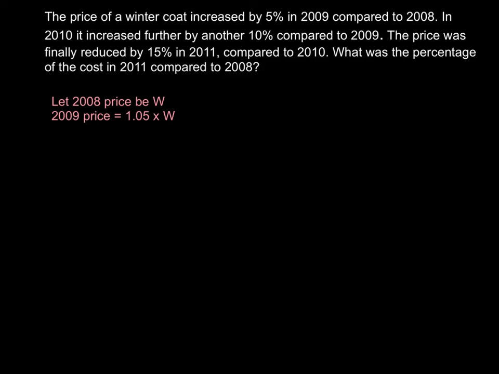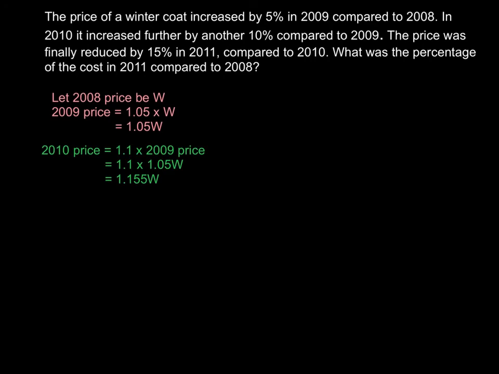Now, given that we know that it is 5% greater in 2009, we can label that 1.05 times W, or 1.05W. Now, to work out the 2010 price, we can multiply our 2009 price of 1.05W by 1.1, because I've added 10%. Therefore, 110%, or 1.1.